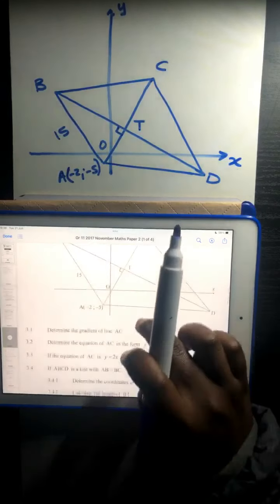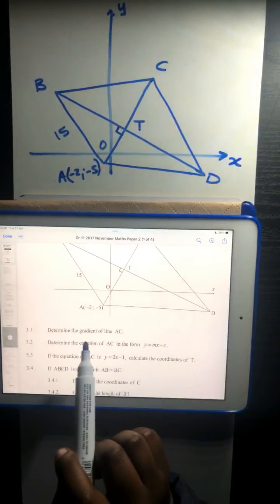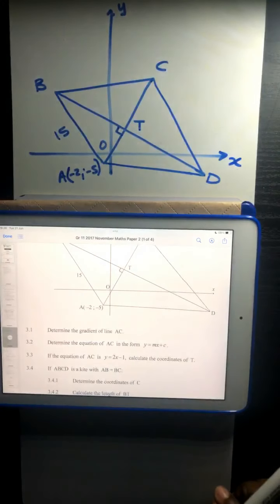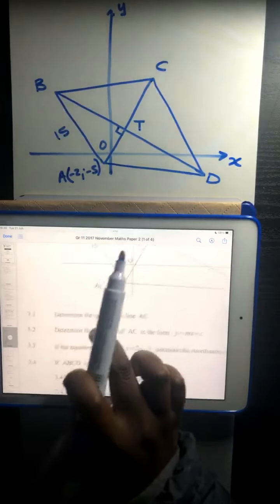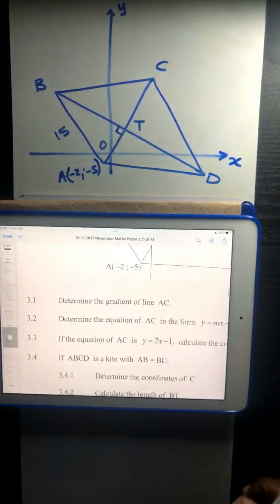Okay, let's check. The first question says determine the gradient of the line AC. I always say in every question there is a cream, ladies and gentlemen. What is the cream of the question?